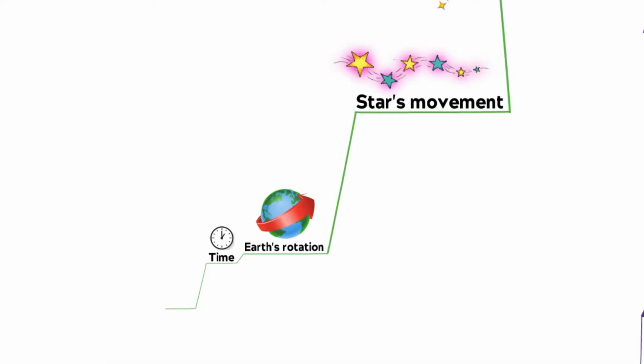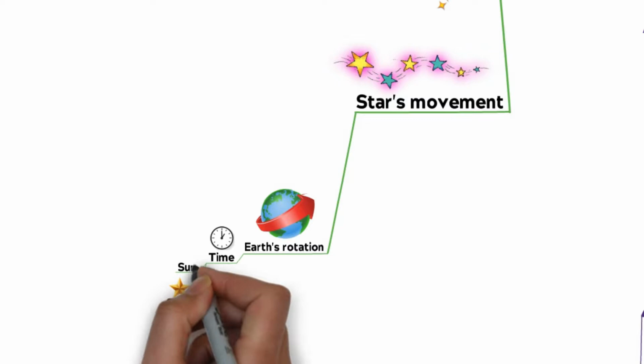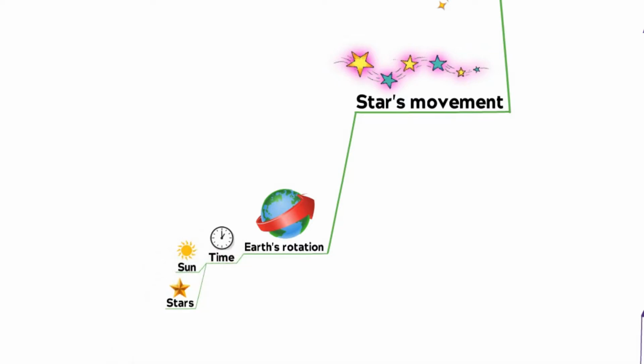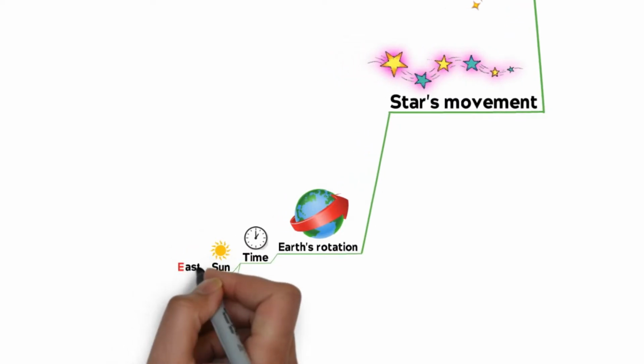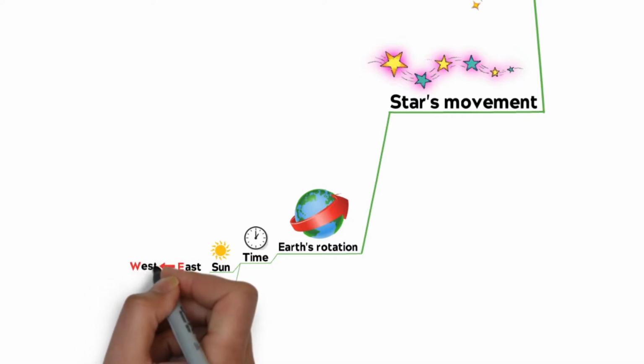At night, stars are used to tell the time. Just like the Sun, stars also seem to move from east to west.